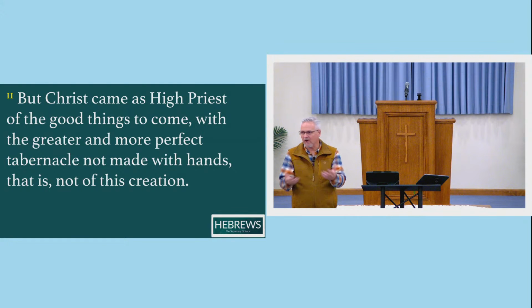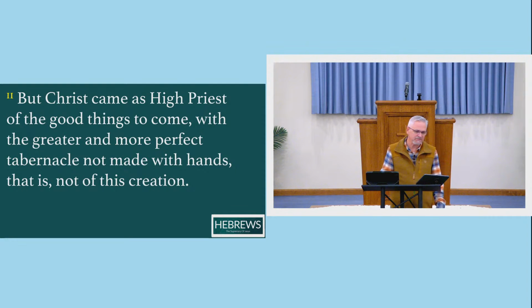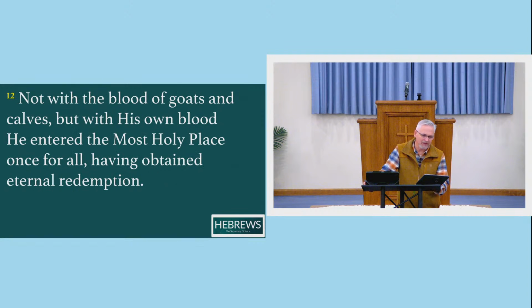But he made a once-for-all sacrifice, right? According to verse 28. And so, this more perfect tabernacle, not made with hands, not of this creation, not with the blood of goats and calves, but with his own blood he entered the most holy place once for all, having obtained eternal redemption.